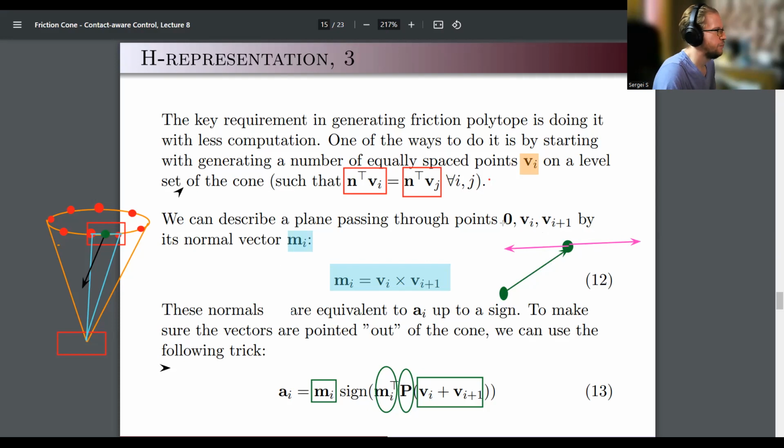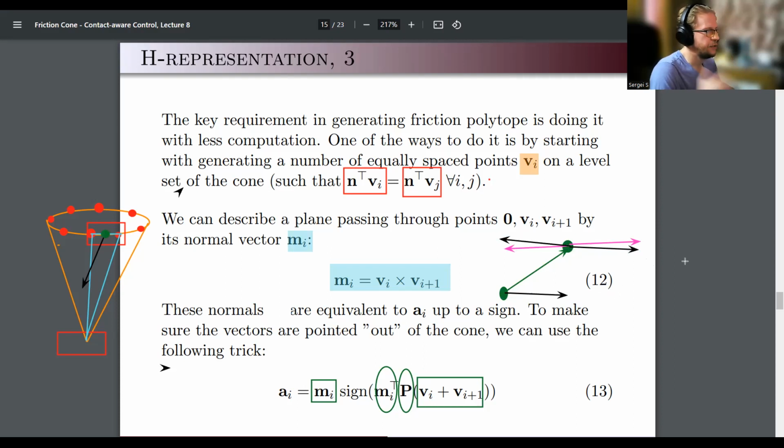But both of them can have a component in the normal direction, which we don't care about. We're talking about this in the tangential plane. So what I do is I first project both of them onto the tangential plane, like this, right? Both of them are projected on the tangential plane.